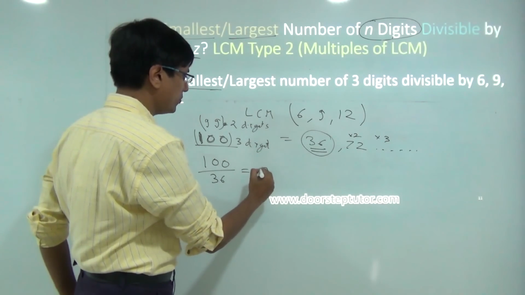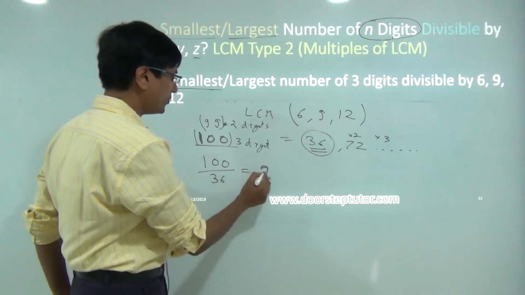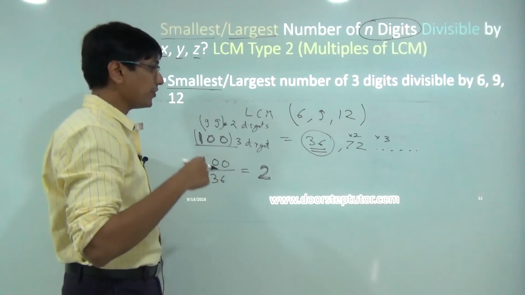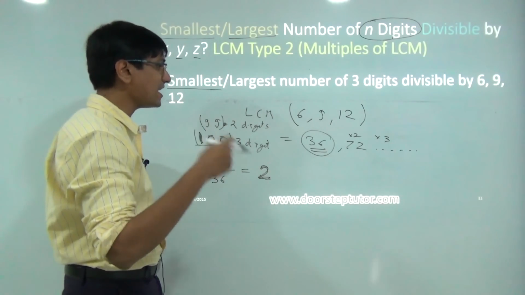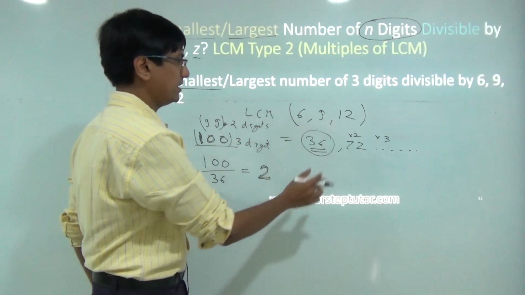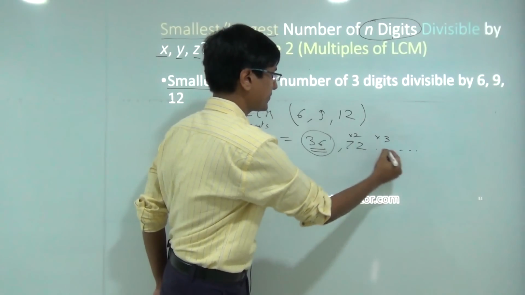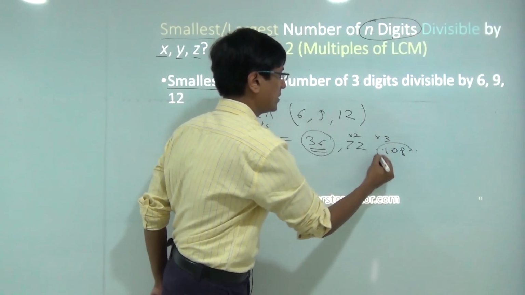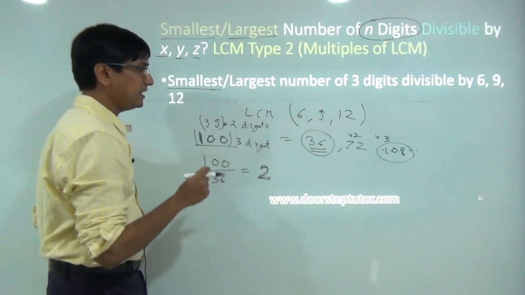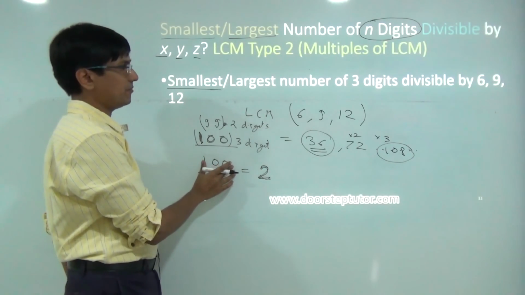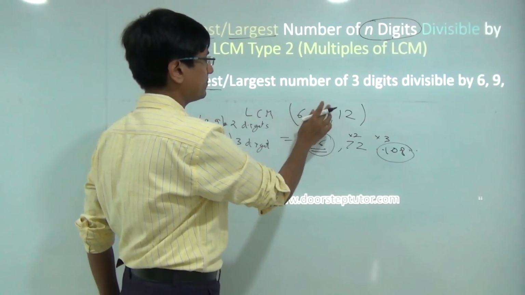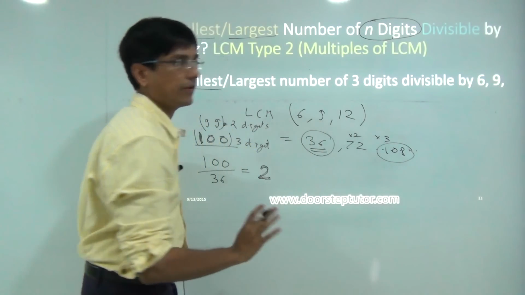I just say 2 is the quotient. 2 into 36 is 72. So the very next multiple of 36, which I know for a fact is 108, would be the smallest 3-digit number which is divisible by 6, 9 and 12.